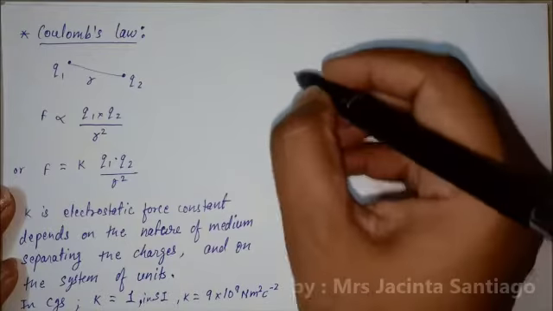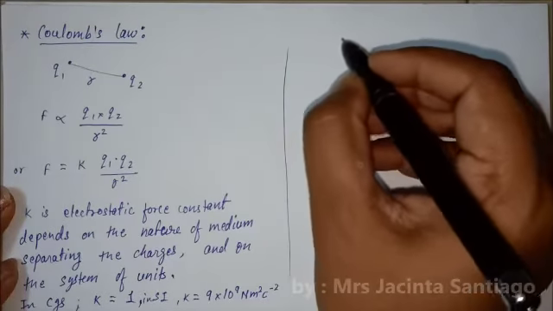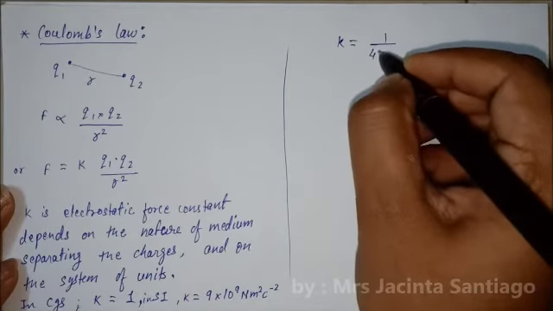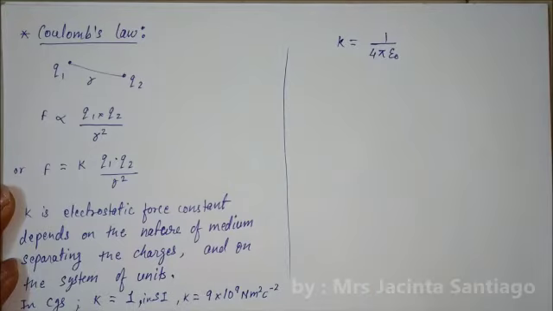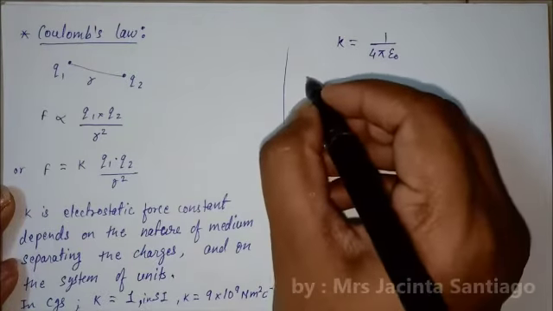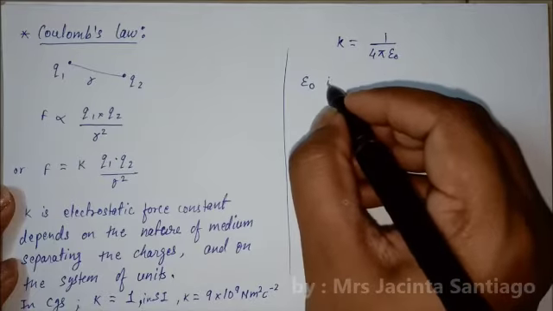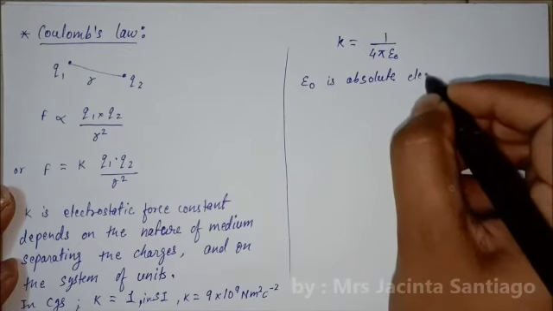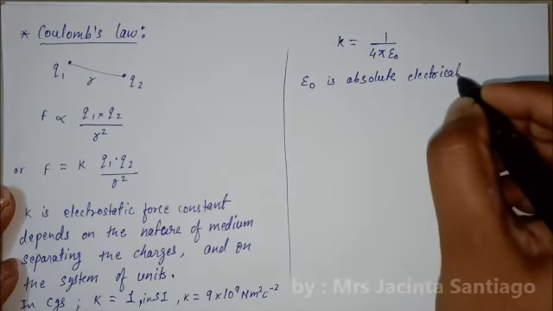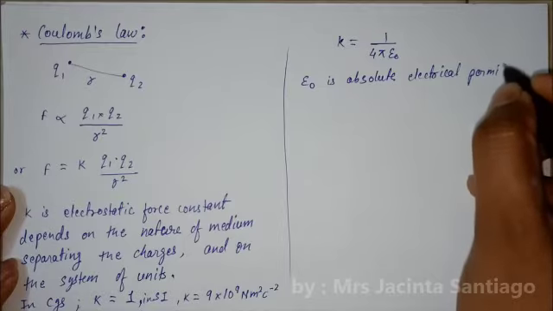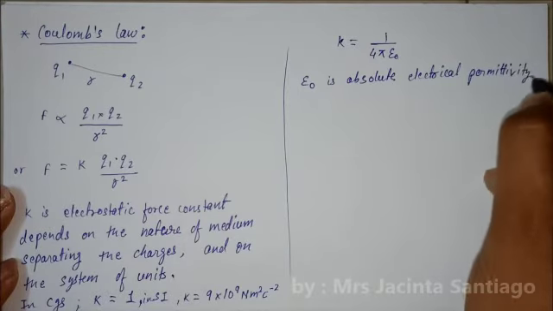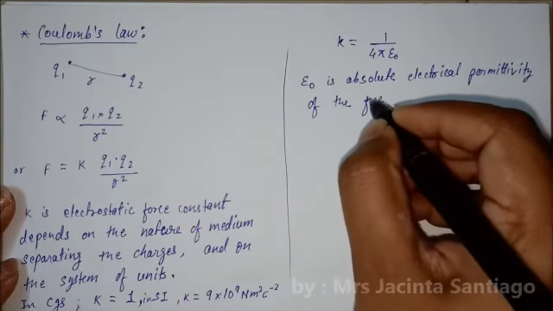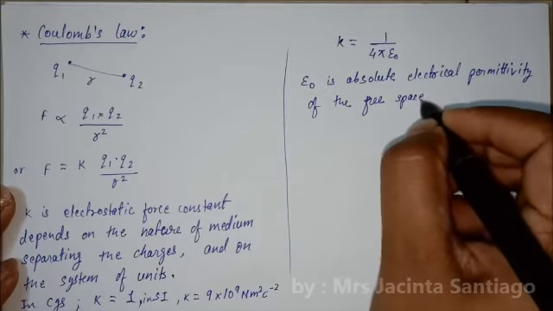So from this we get K equals 1 upon 4 pi epsilon naught, and here epsilon naught is the absolute electrical permittivity of the free space.